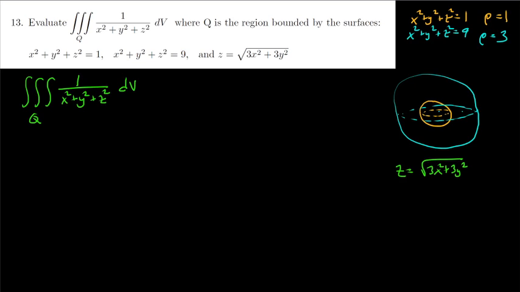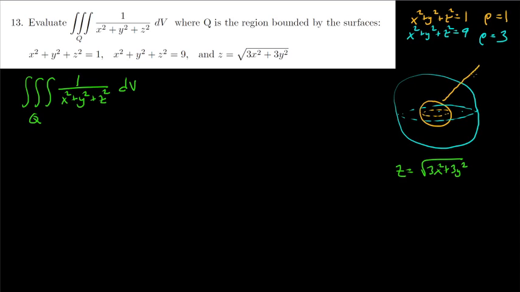All right, number 13. We want to evaluate this triple integral over dV, over the region Q. We'll get to Q in a second. The integrand is 1 over x squared plus y squared plus z squared. Okay, so what is Q? Q is bounded by the surfaces x squared plus y squared plus z squared equals 1. So that's just the unit sphere.